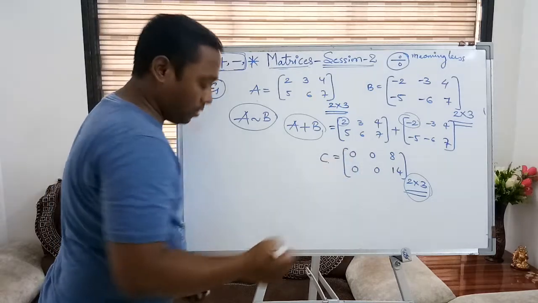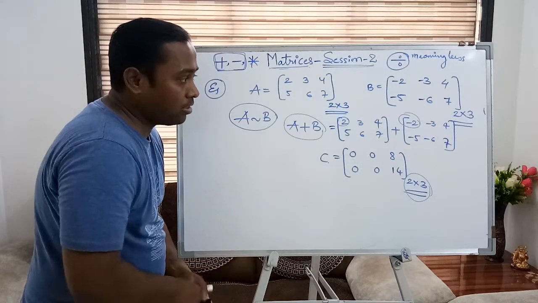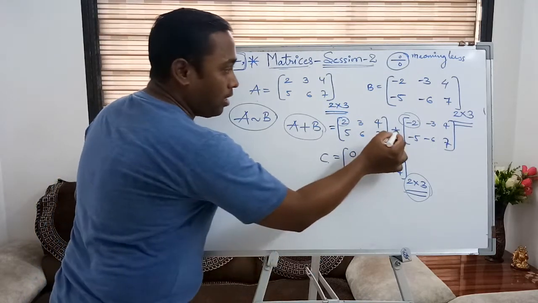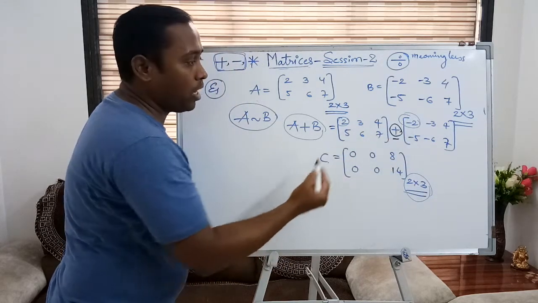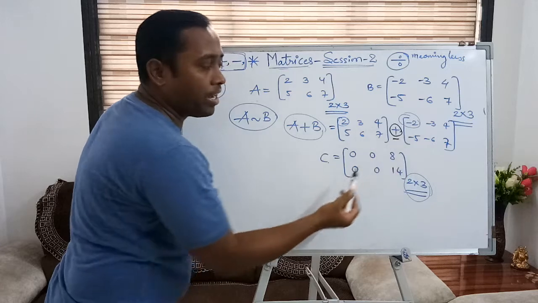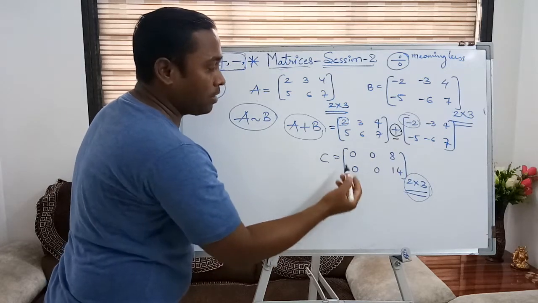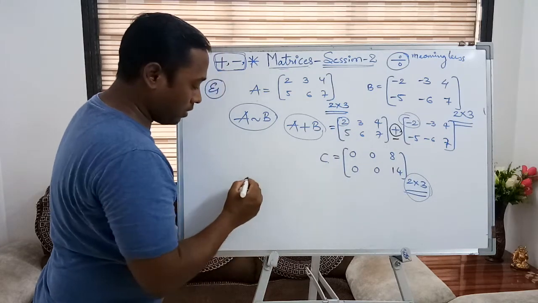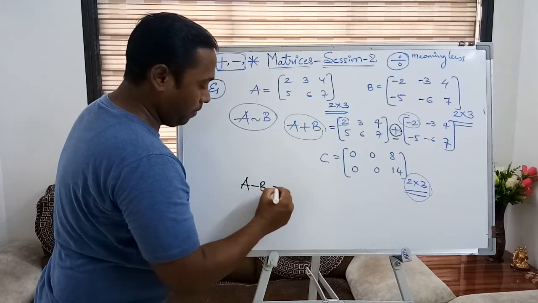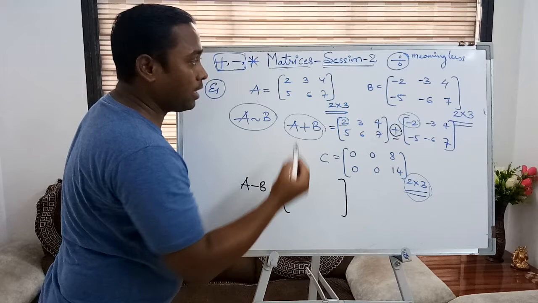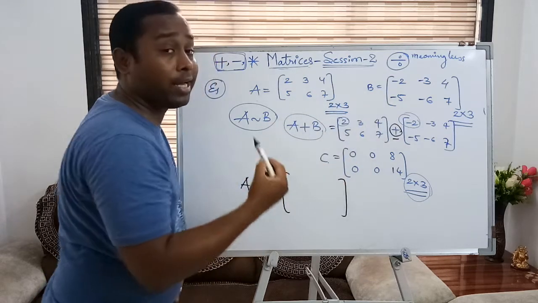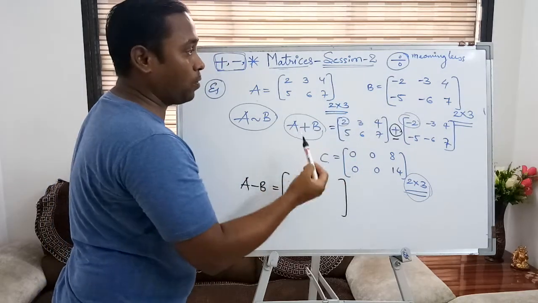If we are doing the subtraction here instead of addition, if I subtract instead of adding, then what will happen? Each corresponding element will be subtracted. It means if I do A minus B, the resultant matrix is A with the elements of matrix B subtracted correspondingly.